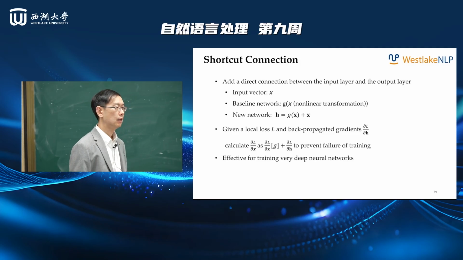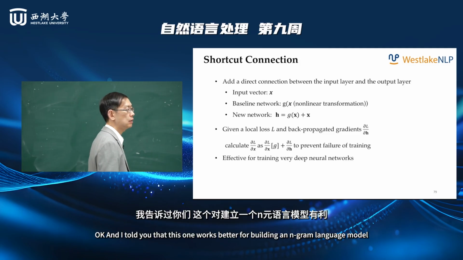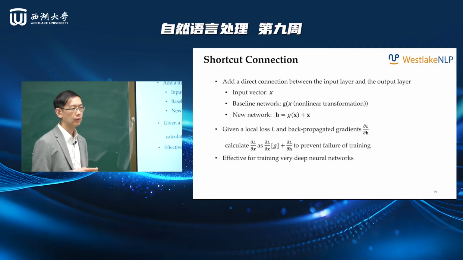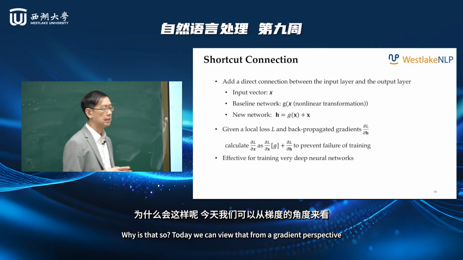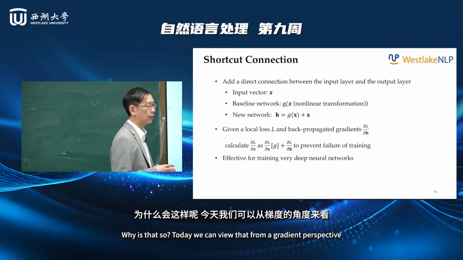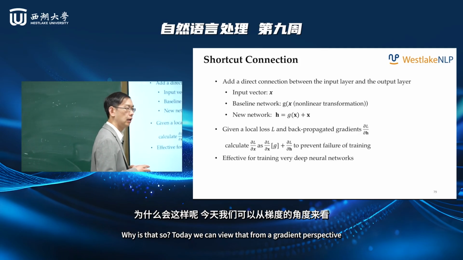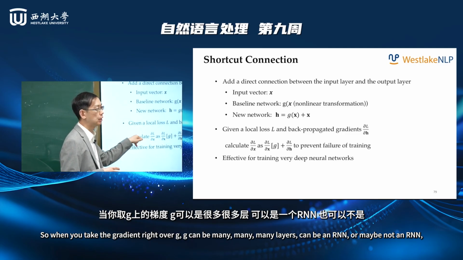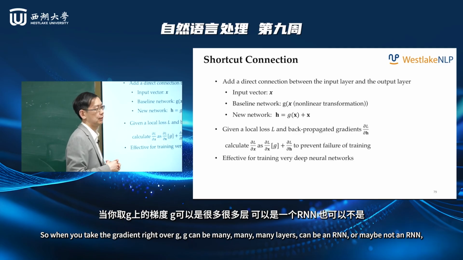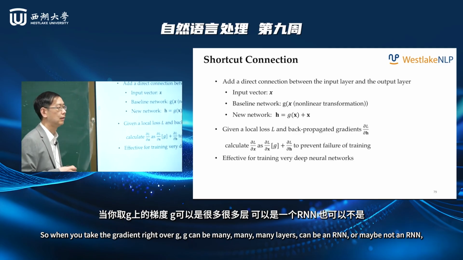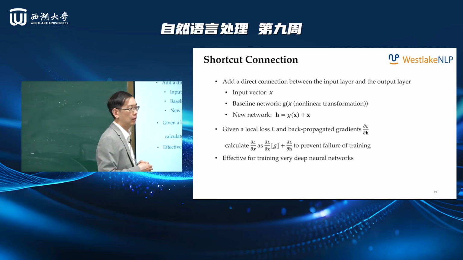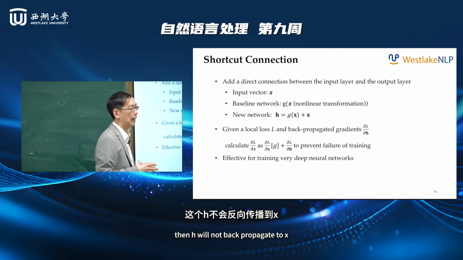And I told you that this one works better for building n-gram language model. Why is that so? Today we can view that from a gradient perspective. When you take the gradient over g, g can be many, many layers, maybe not an RNN, but an MLP of 10 layers, for example. Then the gradient on h may not backpropagate to x.